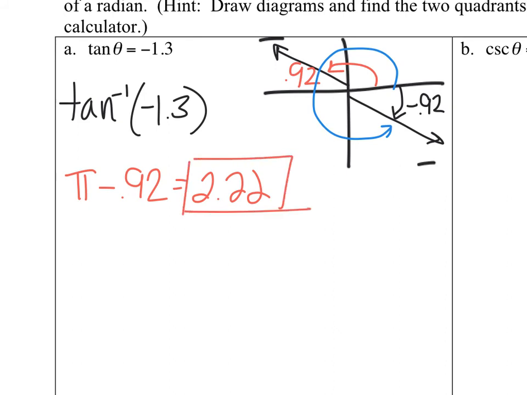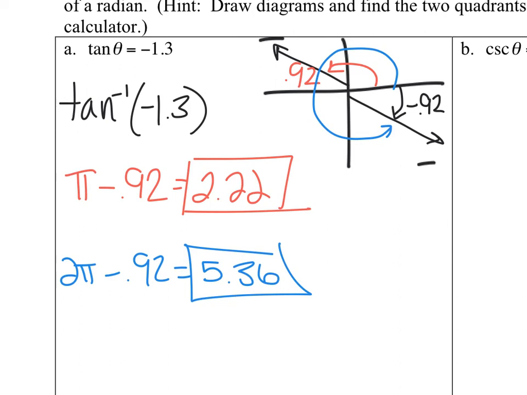Oh, I put in the wrong one. And how do I find the blue angle? 2 pi, yep. So 2 pi minus 0.92. 5.36 is what I got as well. I kept putting in a negative, so I was adding, and then I put in 92 instead of 0.92.